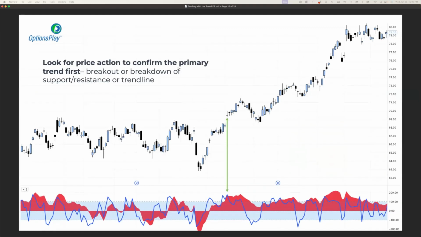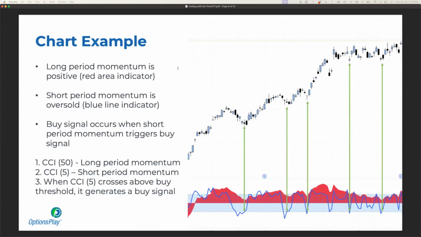So that's the first part of the strategy, right? It uses two indicators and one specific trigger, using the short period momentum indicator to trigger the buy signal.